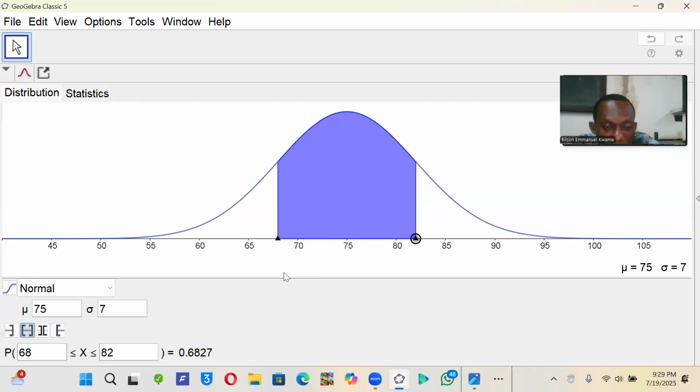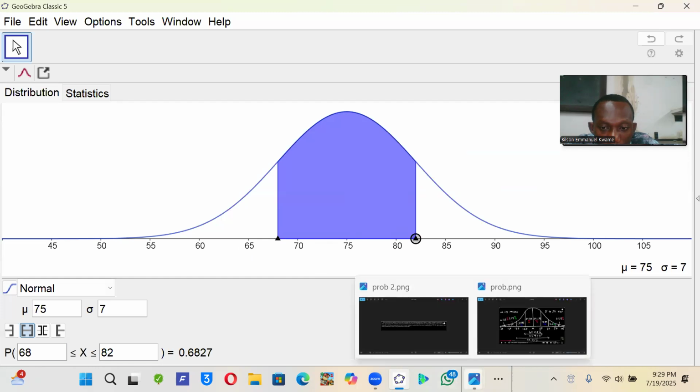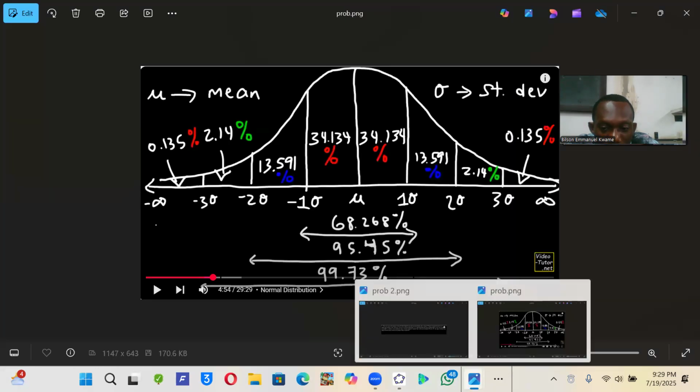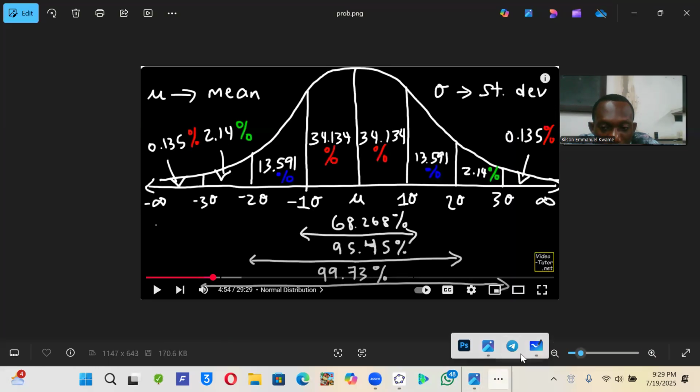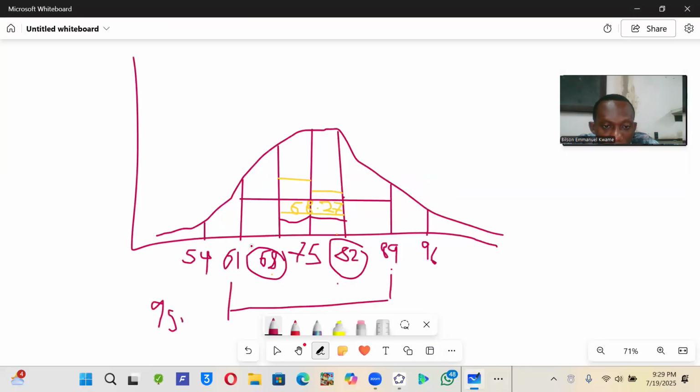I want to know the distance between two, this is 75, 2 steps from the 75. From my diagram on the board, two steps is going to be 75, that is 61 to 89.